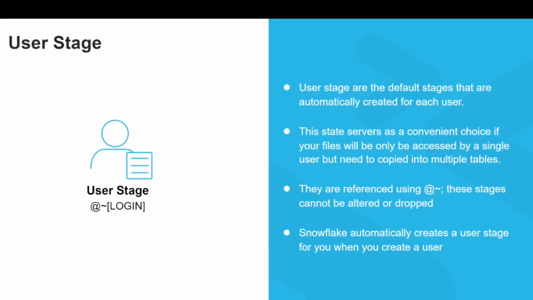It serves as a convenient choice if your files will only be accessed by a single user but need to be copied into multiple tables. They are referenced using the at sign and tilde, and these stages cannot be altered or dropped. Snowflake automatically creates a user stage whenever you create a new user.